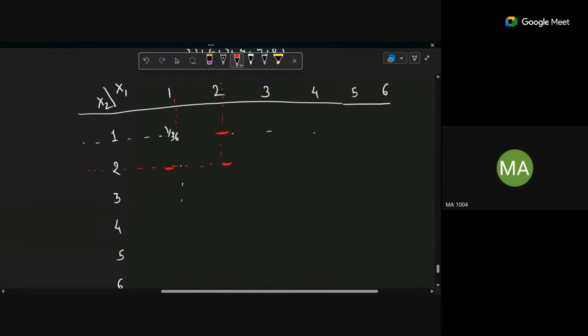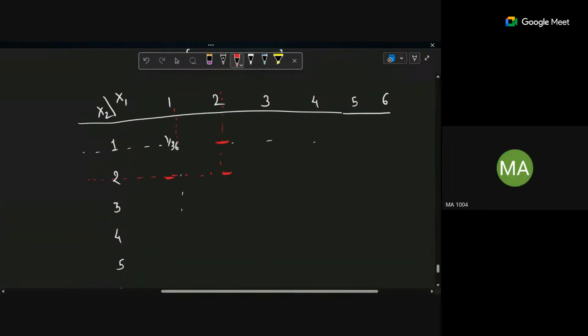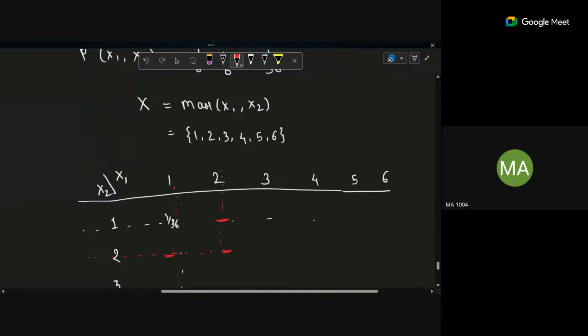Your maximum value can take 1, 2, 3 up to 6 values, because your X1 can take any value from 1 to 6, and X2 can again take any value between 1 to 6. So whenever we take the maximum, the possibilities are 1, 2, 3, 4, 5, 6.